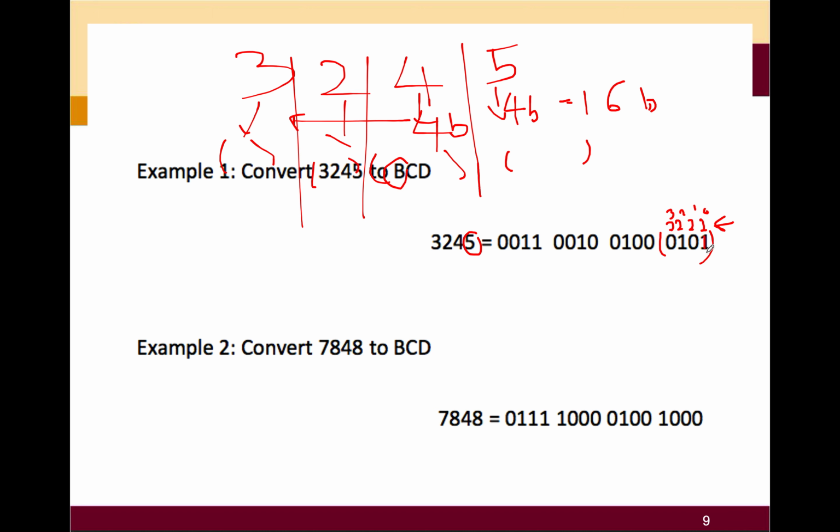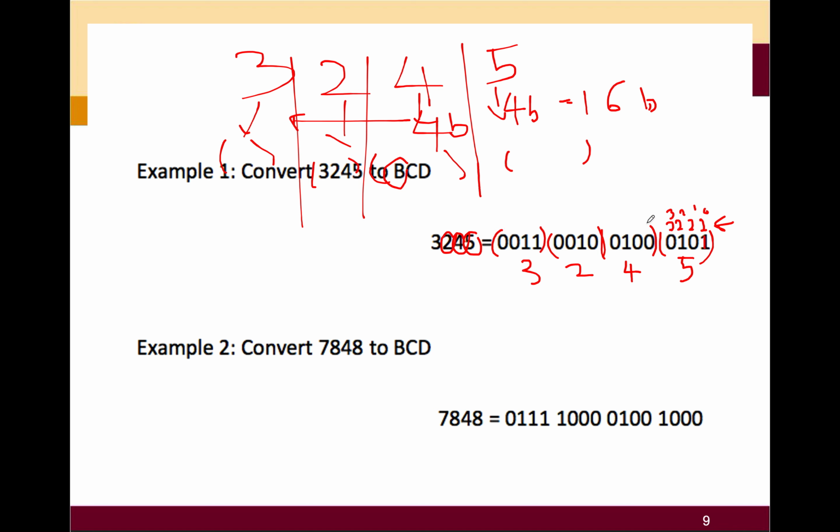So over here, you have 3, 2, 4, 5. 5 you already converted, you get 0101, and then you have 4, and then another one is 2.